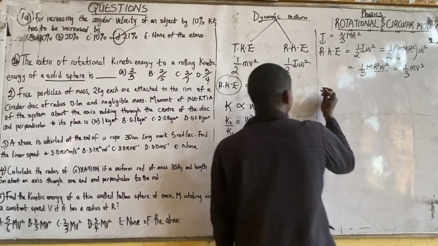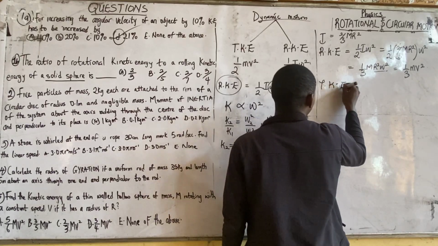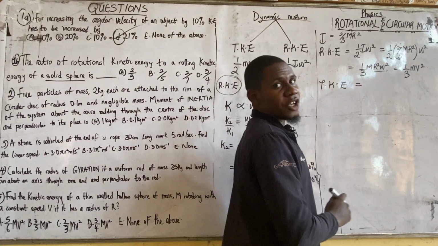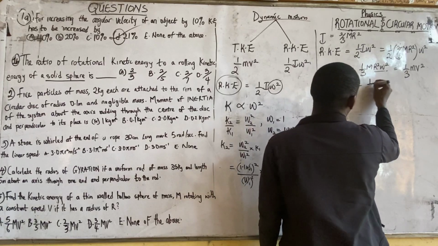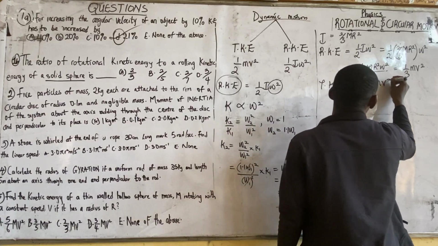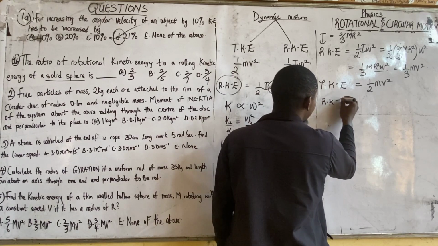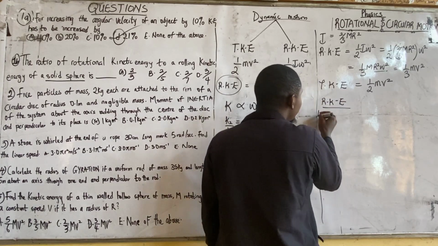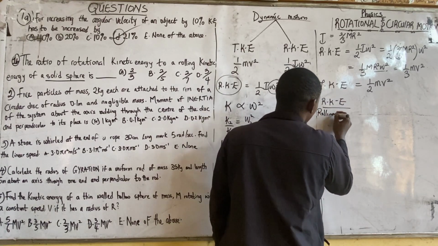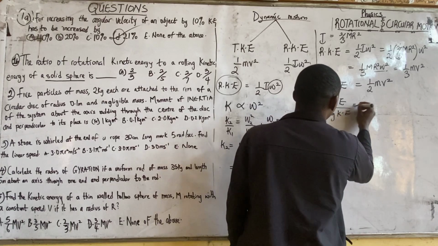Good. Next is our translatory kinetic energy. That will give us what? What you've known before now, half mv squared. So we are looking for the ratio of the rotational kinetic energy to the rolling kinetic energy.